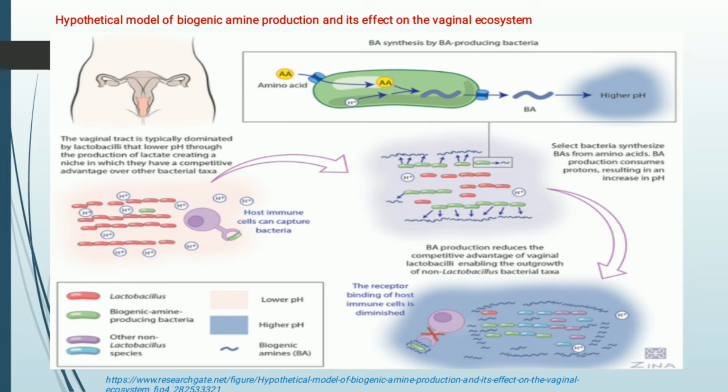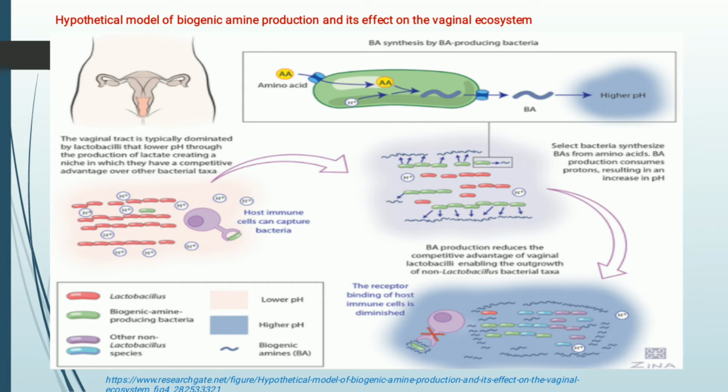Here the immune cells are represented in purple, and you can see that the pathogenic bacteria, represented in green, is engulfed by the immune cell. As the hydrogen concentration is very high here, the bacteria is easily engulfed by the host immune cell because it is very active at that moment.